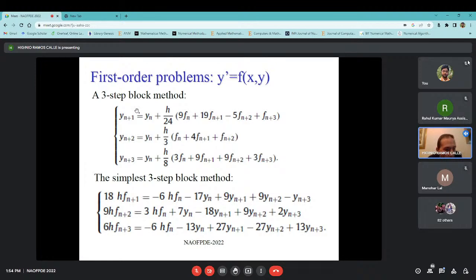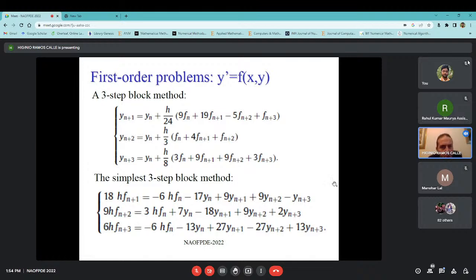So we have 4 points, 3 intervals, and we solve at the same time the initial value problem on these intervals. And these are the formulas you can obtain similarly as I showed you before for the two-step block method. Solving this system, you get approximate values at the same time at 3 points.